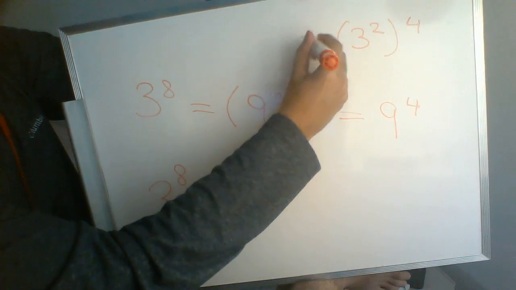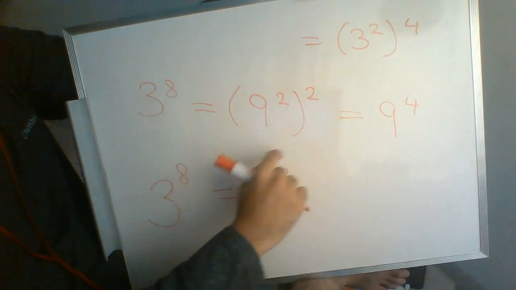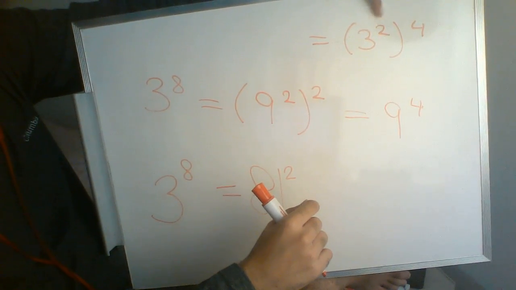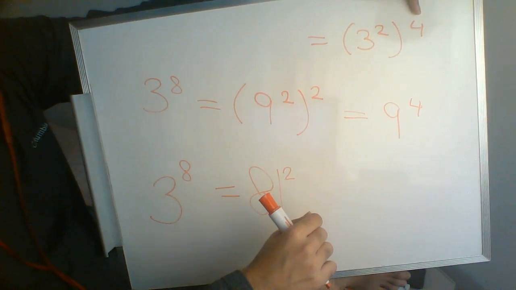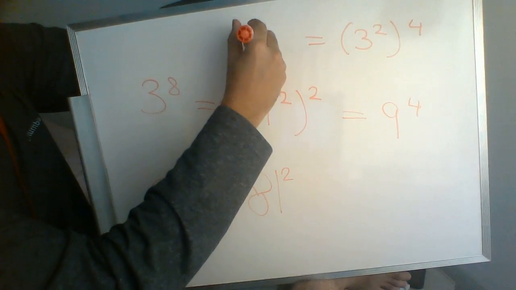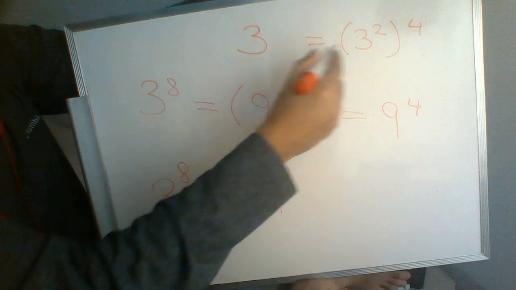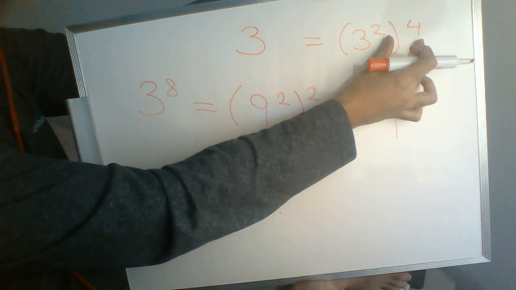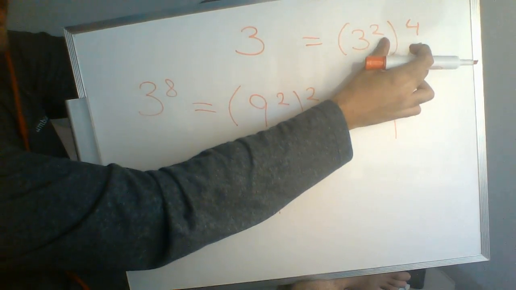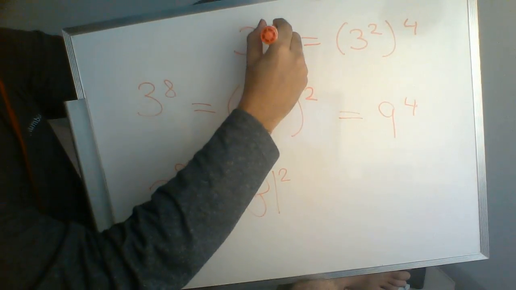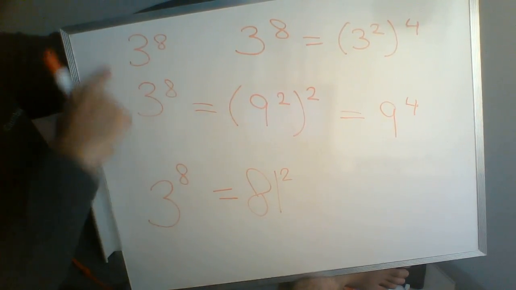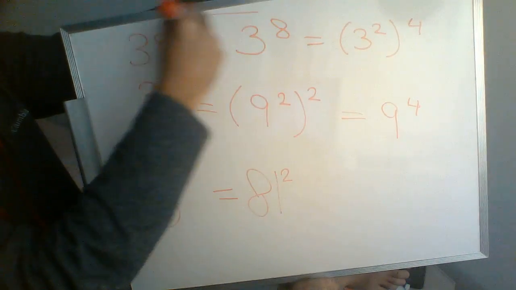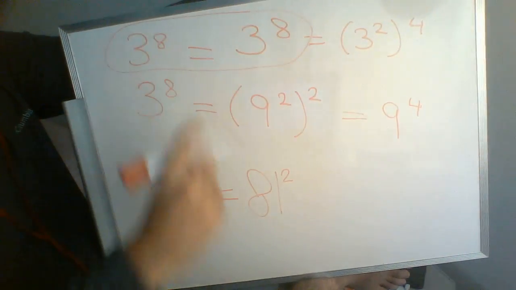And so we can do the same process that we were doing down here: you've got one power here, you've got a base and an exponent, and that whole thing is raised to another exponent. So we're going to keep the base the same, and we're going to take those two exponents and multiply them together. So we've got 2 times 4, which will give us 8, which, if you look at what we had over here, is the same thing. So that's another way to check that you've got the right answer.